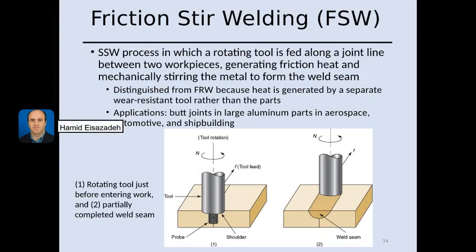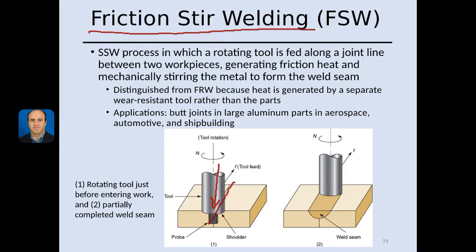The next solid state welding process is friction stir welding. In this process, we have a rotating tool, as you see here. The tool is rotated along the joint line.